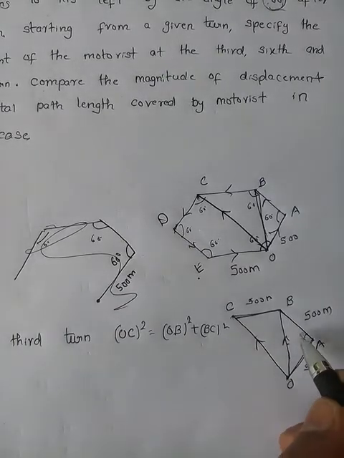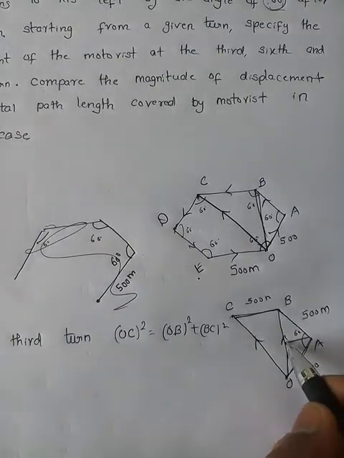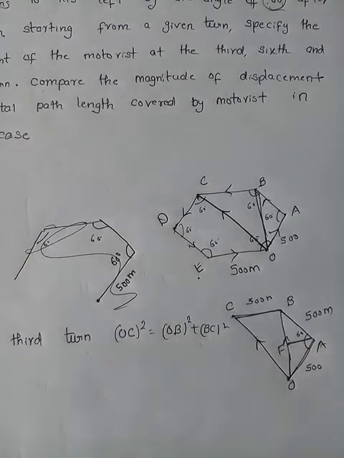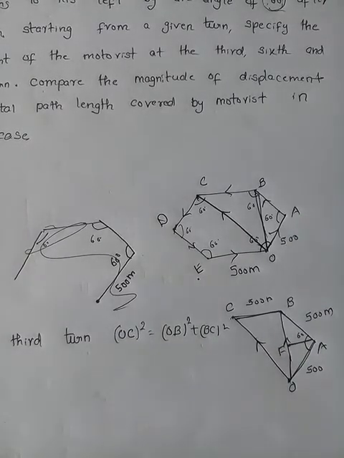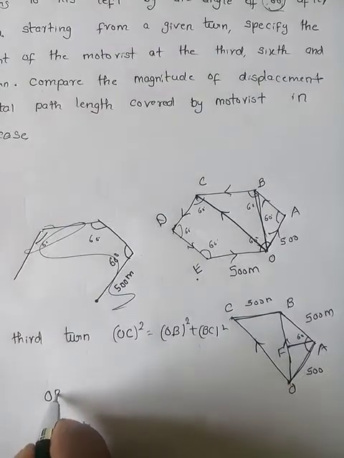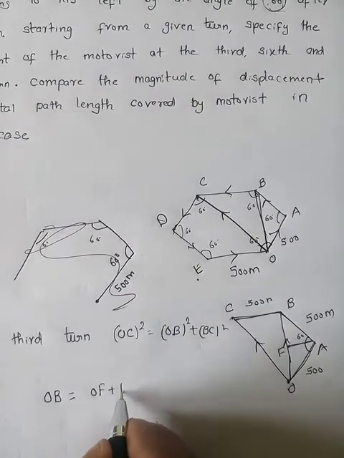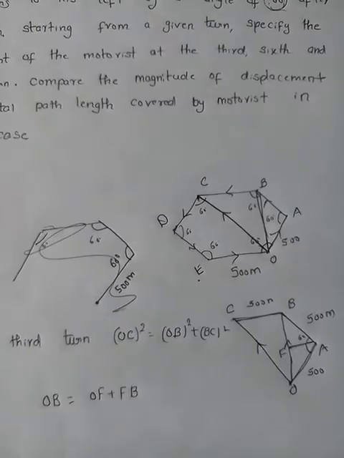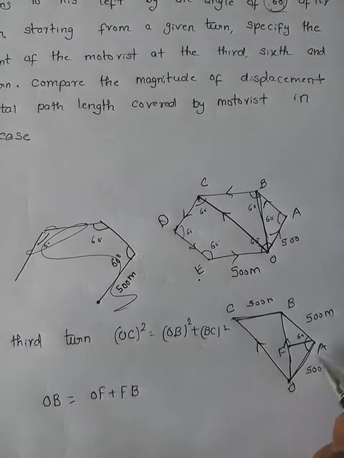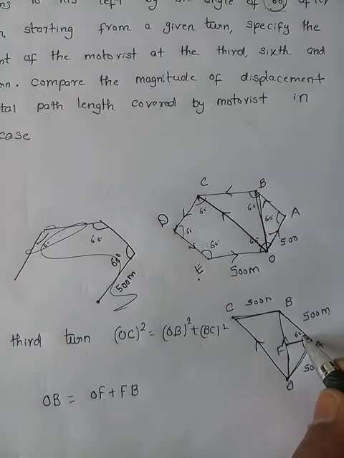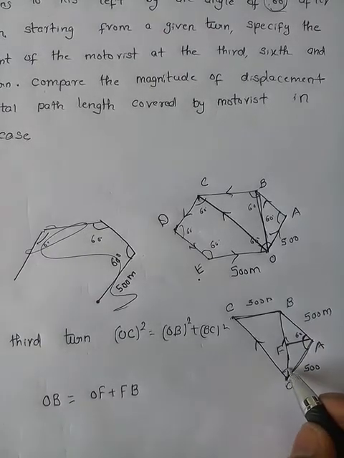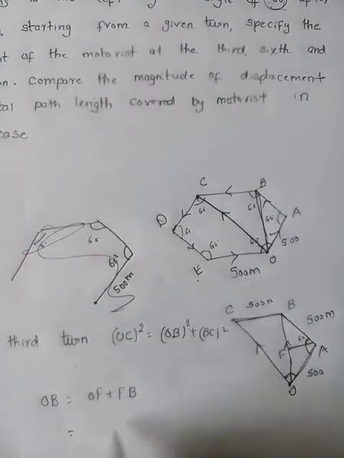This is how much? 60. Draw a straight line. Assume that this is F. Now, OB is equal to OF plus FB. What is the angle here? 30. What is the angle here? 30. So, what can you write?